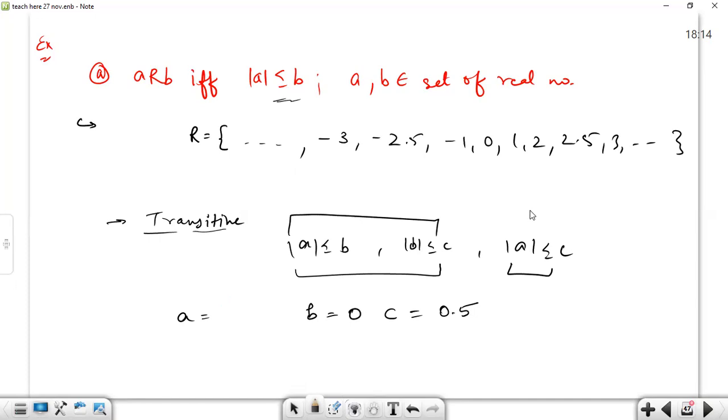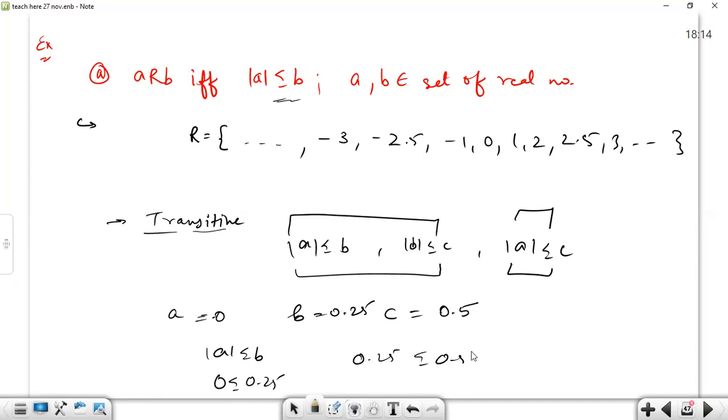Then only we can check for the transitivity condition. So for our convenience, take A as 0 and B as 0.25. Now this is true: 0 is less than 0.25, correct? Yes, sir. 0.25 is less than 0.5, correct? Yes, sir. From these two, can we write 0 is less than 0.5? Yes, sir. And it will be true for every number, even if we take all negative numbers.